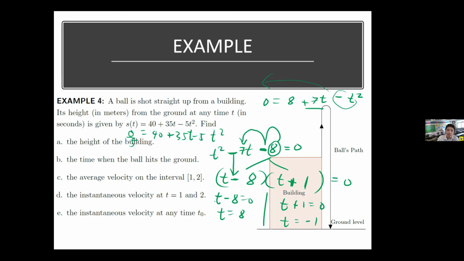Take note, t is time. 8 seconds o negative 1 second. Then since in reality we don't have negative time, so this one is a rejected nga solution. So ang atong kuan lang is kanang 8. So unsay conclusion nato? Therefore, the ball will hit the ground after 8 seconds. So ana ang pag-solve ato.